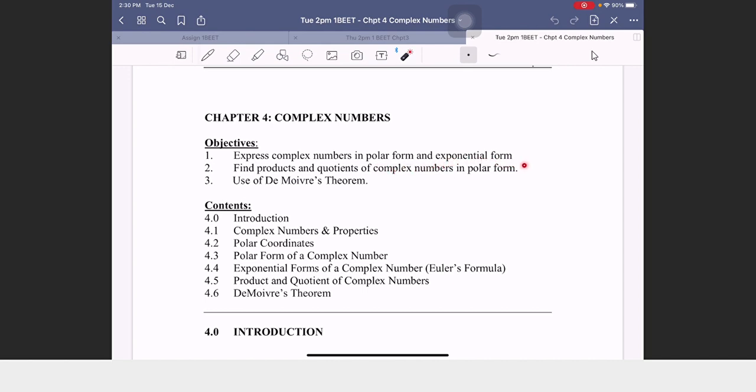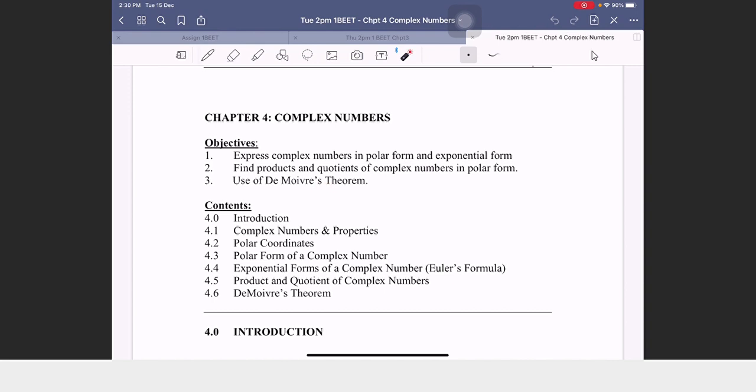Besides the rectangular form, you also have polar form as well as exponential form. Then you are able to find products and quotients of complex numbers in polar form, as well as use De Moivre's theorem to find complex numbers with powers.